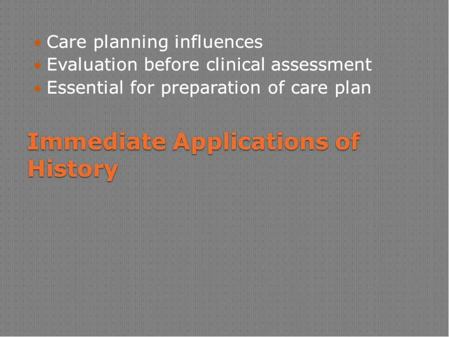All right, so the immediate application of the history will influence our care plan as well as the evaluation before clinical assessments are done, and it's essential for the preparation of the care plan. Now, there's something called the human needs model that we're going to be going into as well, and the human needs is done after you do a medical history.